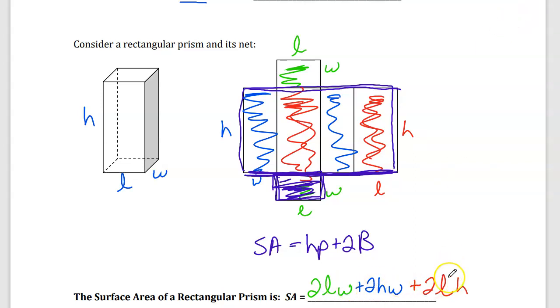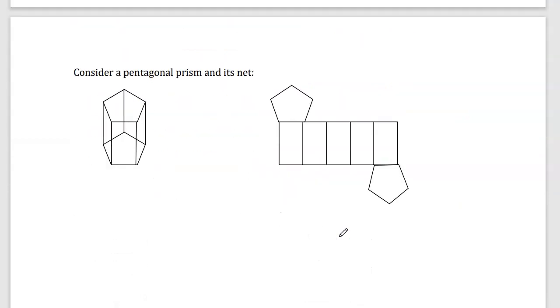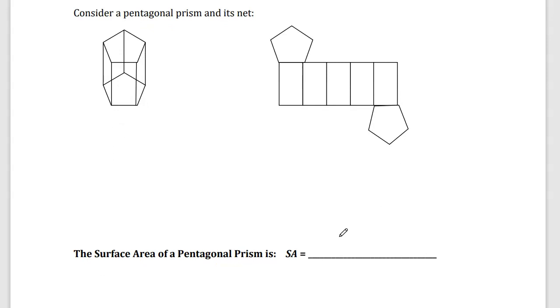I prefer to look at it this way. It's a little bit easier for me to see. But again, it's whatever your choice is. The reason why we look at it in this way is when we look at things like a rectangular, or I'm sorry, a pentagonal prism. Okay?